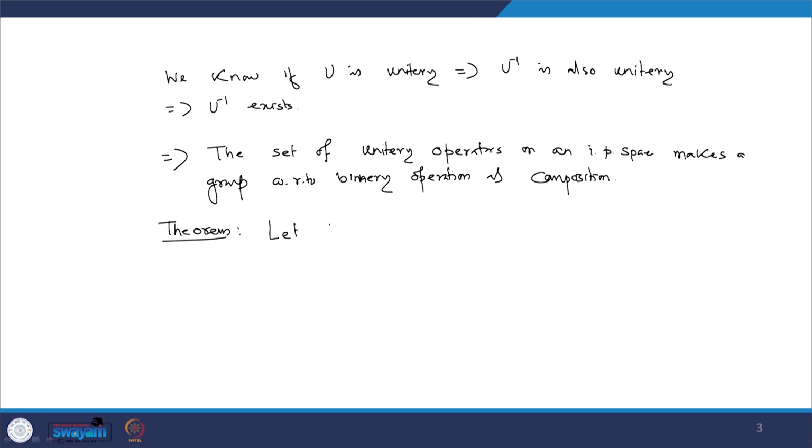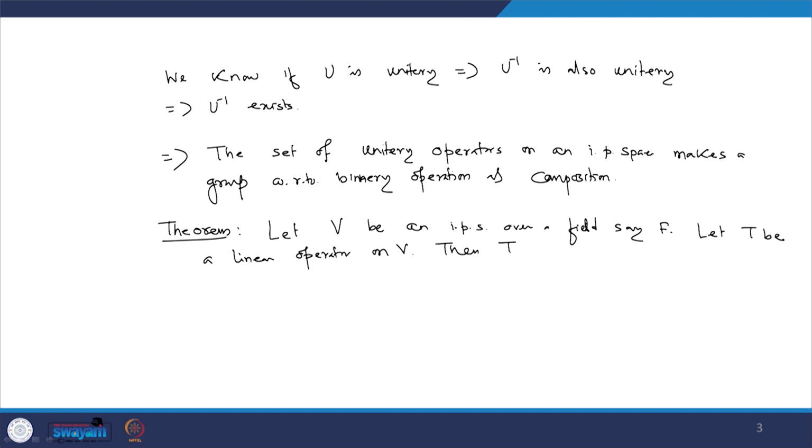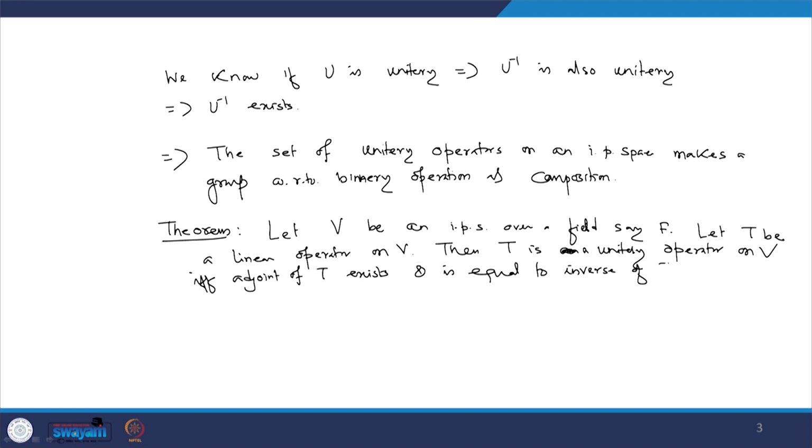Let V be an inner product space, I am writing IPS, over a field F. Let T be a linear operator on V, then T is a unitary operator on V if and only if the adjoint of T exists and is equal to the inverse of T.